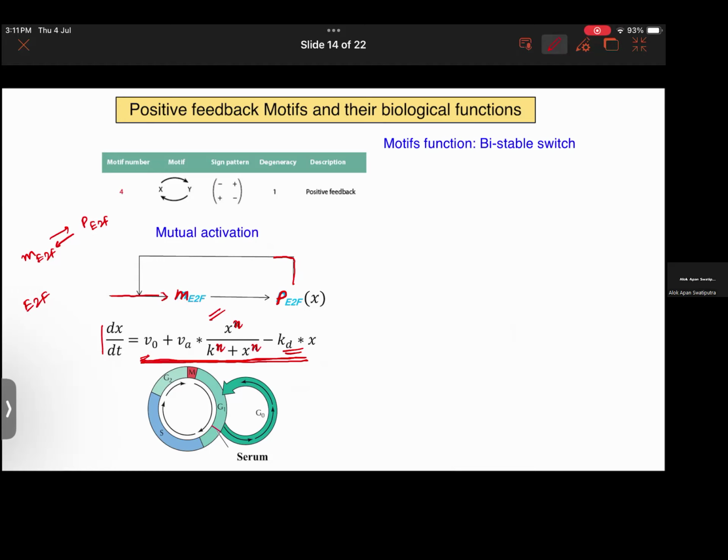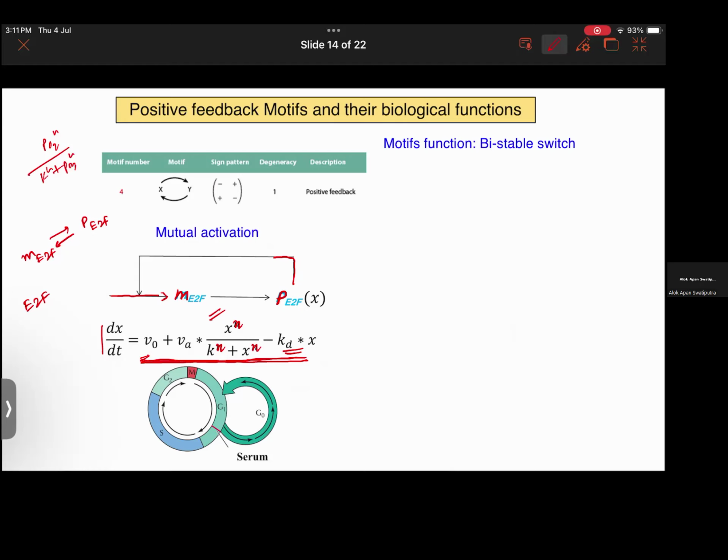If you think in terms of biological perspective, remember I had given the example of hemoglobin binding to oxygen, right? There also we use Hill kinetics of hemoglobin binding to oxygen. We have partial pressure of O2 to the power n by some K to the power n plus the same term. Why do we include the n term in case of hemoglobin? Because hemoglobin is a tetramer.